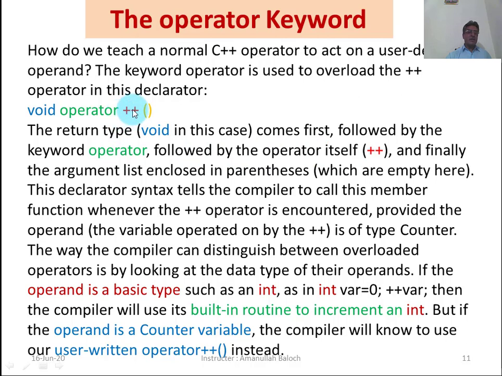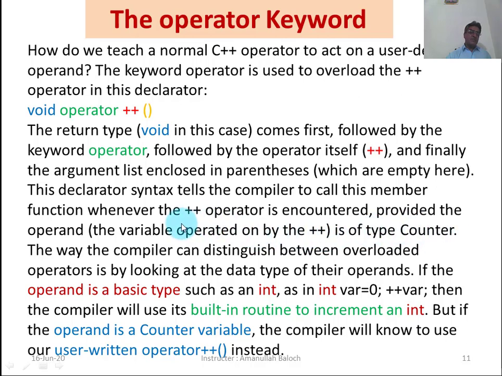We are overloading this operator, and finally the argument list is enclosed in parentheses. Here there is nothing in the parentheses, so we are not using any argument with the plus plus operator. The declarator syntax tells the compiler to call this member function whenever the plus plus operator is encountered, provided the operand of the plus plus is of type counter.